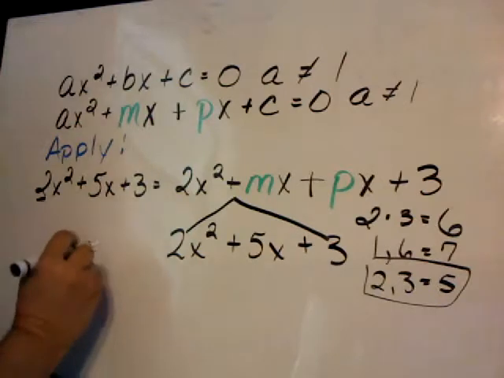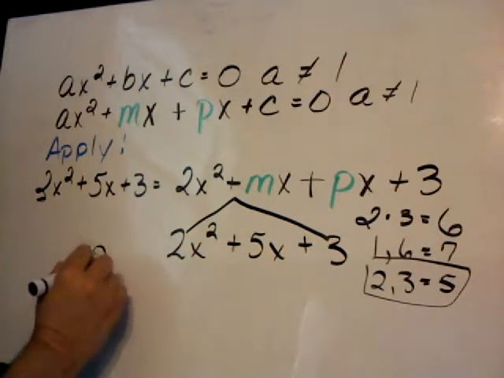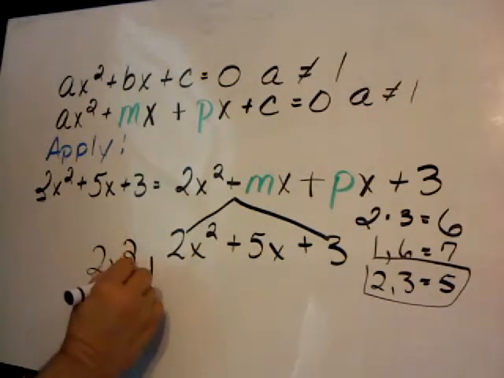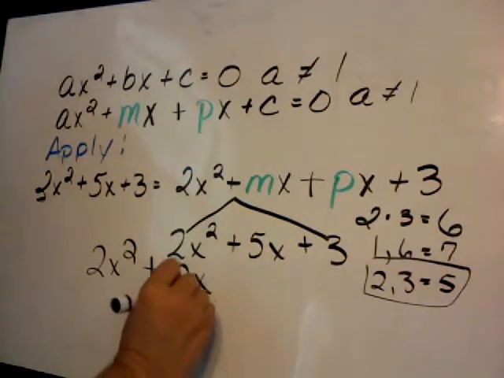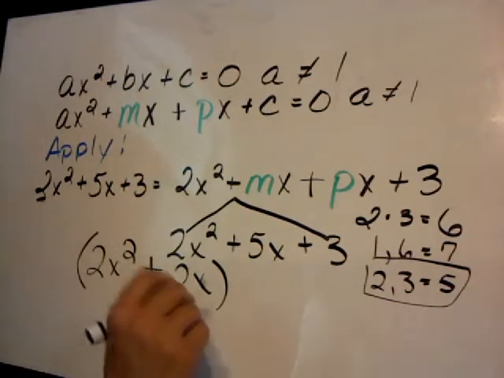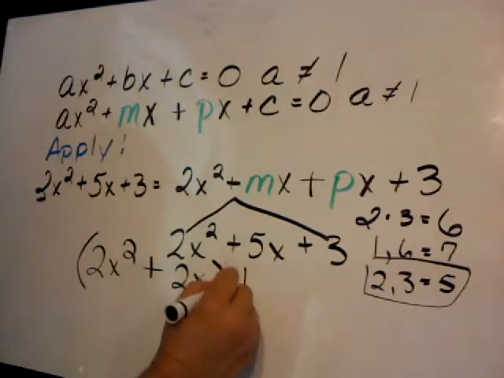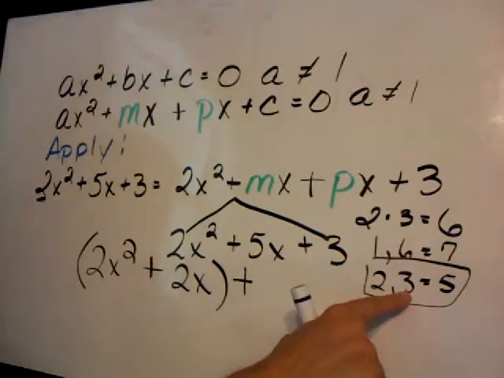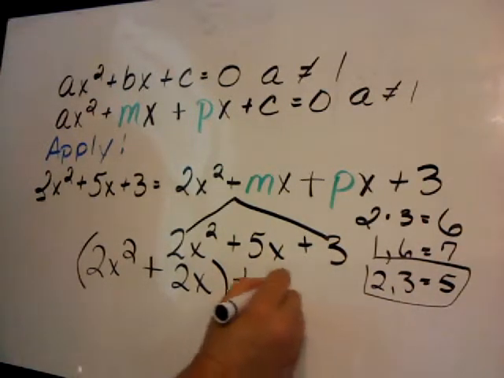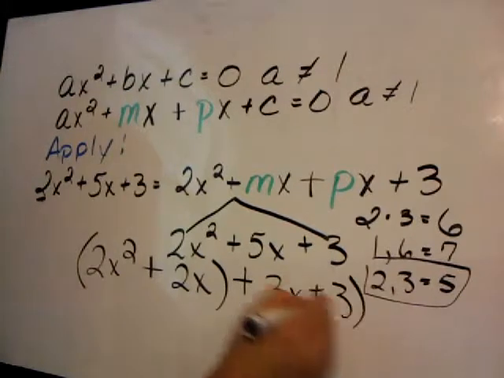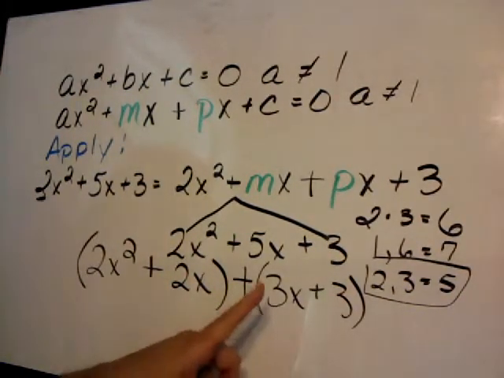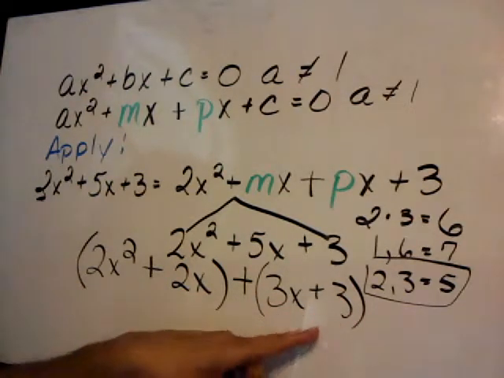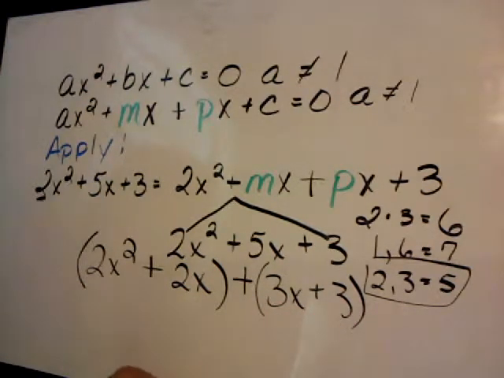So I'm going to say 2x squared plus, now instead of mx, I'm going to put 2x, and I decided to put that with that because it looks nice with that, plus, now instead of px, I'm going to use 3x plus 3. Now, just suppose I had put the 2 here. Well, I can't factor anything out of that. I need to factor common factors, the greatest common factor out of these.